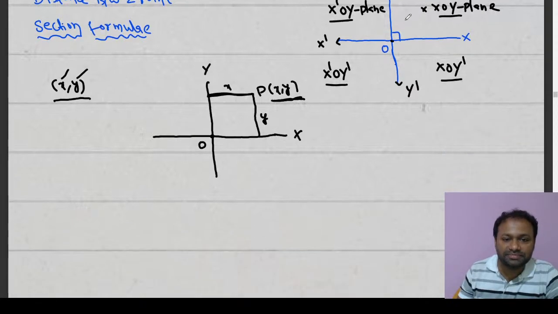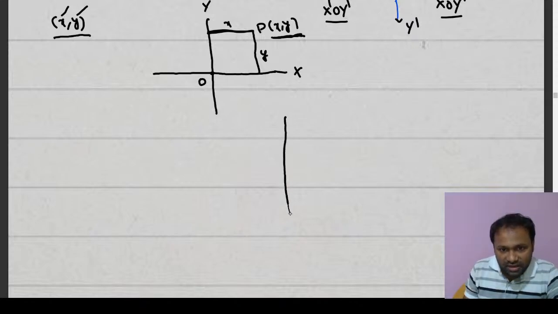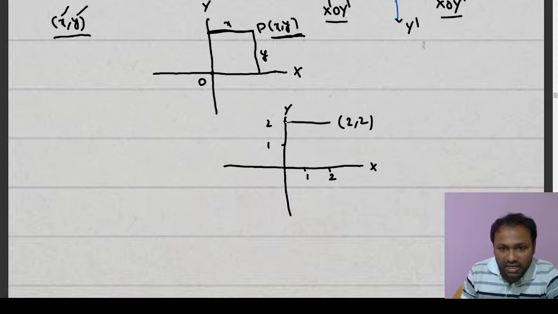After that, in xy plane, I have taken once again x-axis as well as y-axis. Suppose here we can take this is 1, 2. Then this point will be 2 comma 2, because the distance from here to here is 2 and here to here is 2.